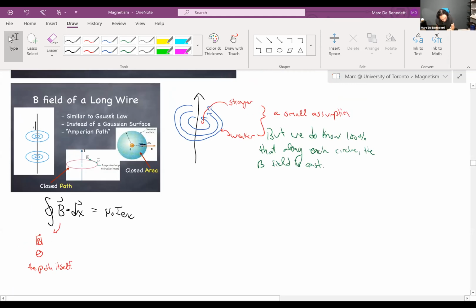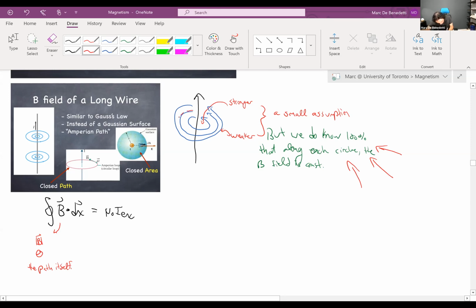So here, I think to myself, okay, where is my Amperian loop? Where can I draw an imaginary path in such a way that the magnetic field is constant along that path? That's what this green note is for.